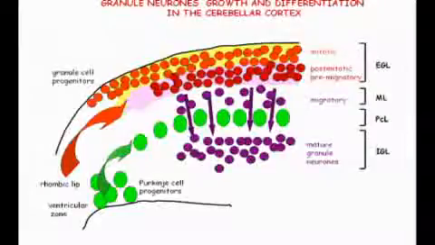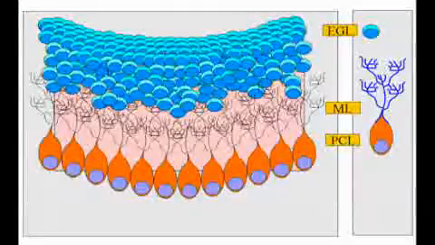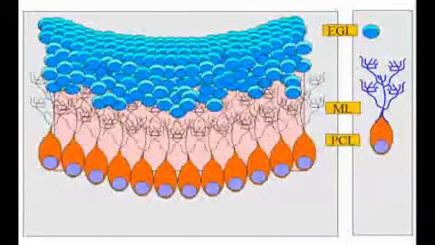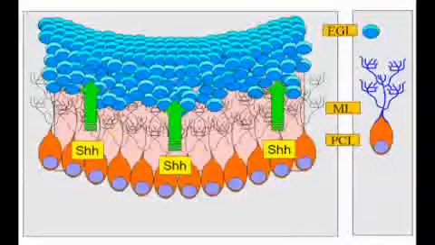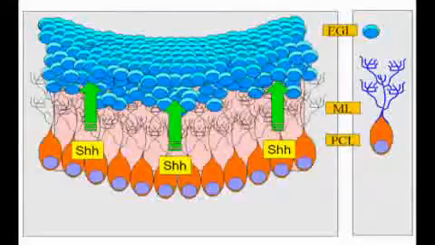So this secondary growth was mainly controlled by a morphogen called sonic hedgehog. This factor is produced by Purkinje cells. Purkinje cells are these huge cells here, and then it goes towards the granular layer and makes them proliferate in a very active way.